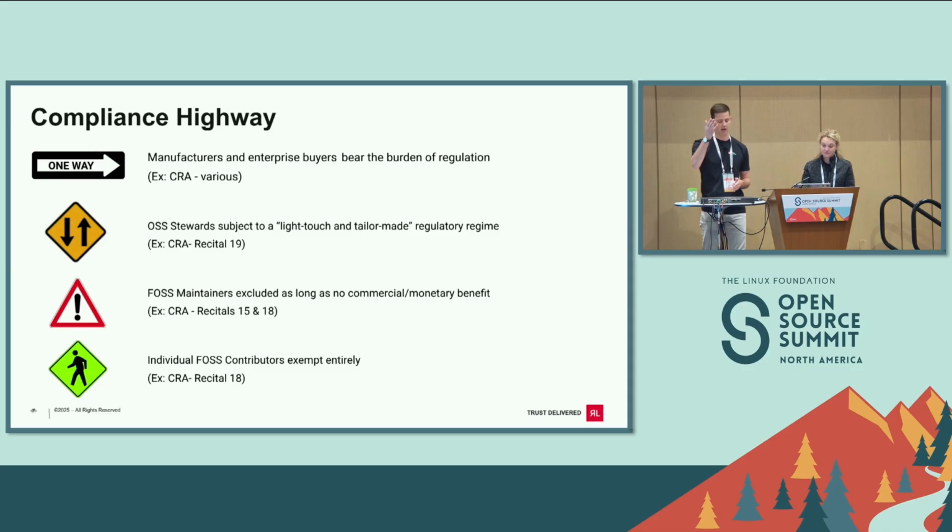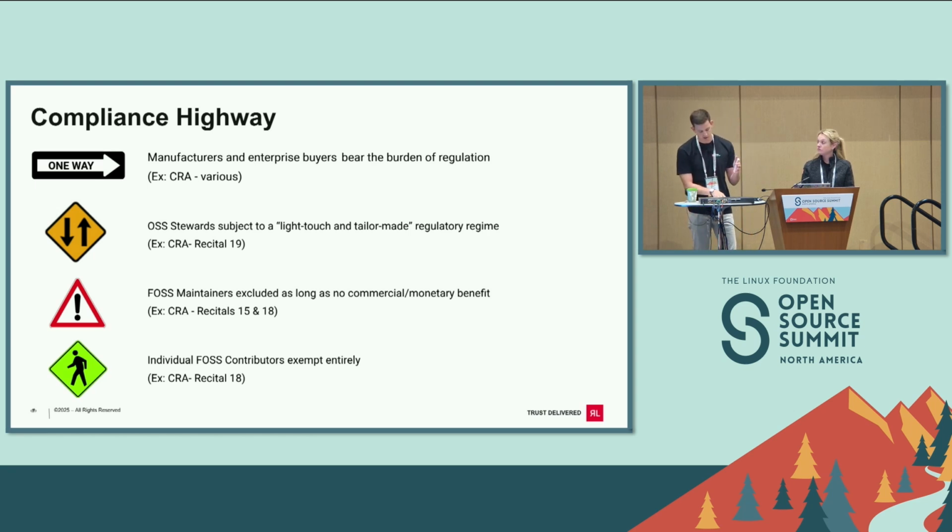So if you raise your hand as a manufacturer of software or a downstream buyer of software who may use third-party software products to operate critical aspects of your business, tough luck. The majority of requirements are going to fall on your shoulders. We see that in all aspects of the CRA for manufacturers, and then other regulations like DORA, the Digital Operational Resilience Act, for enterprise buyers of software.